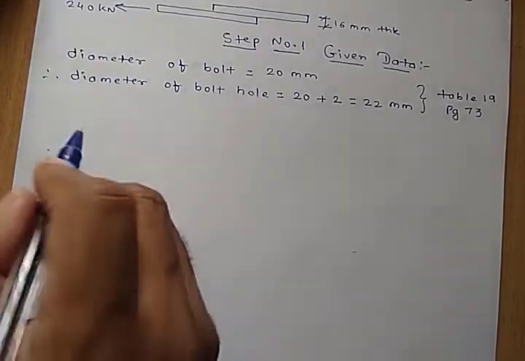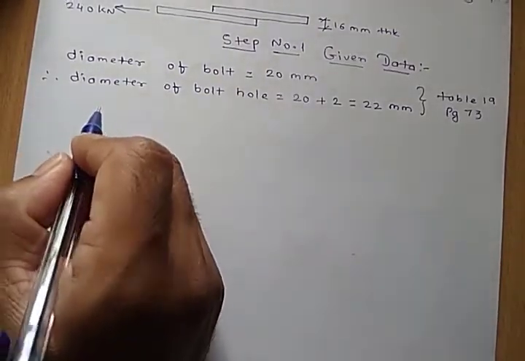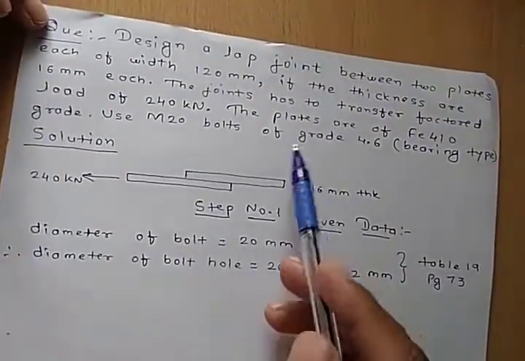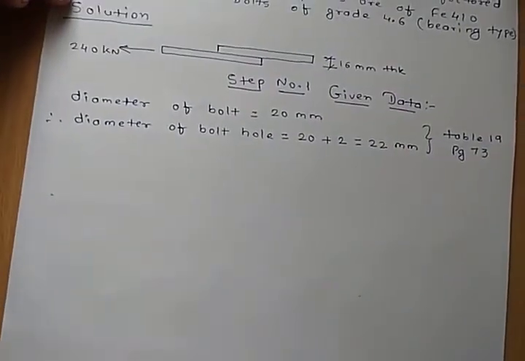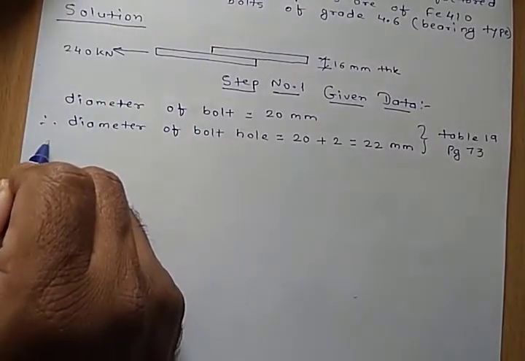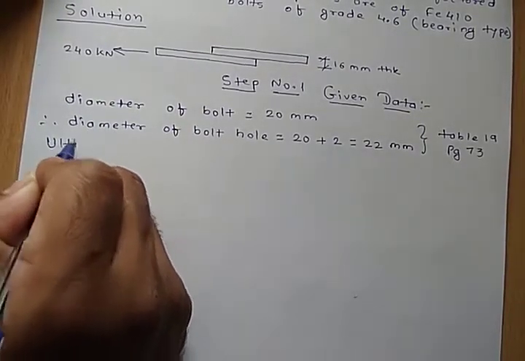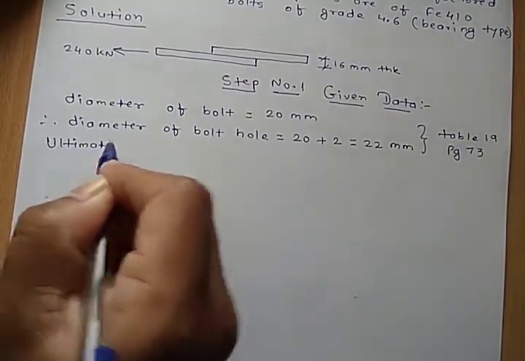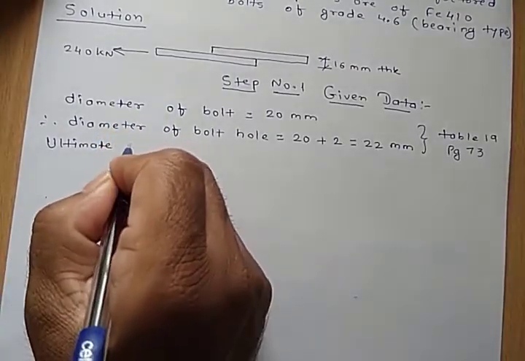Now the ultimate strength of the plate is already given in the problem, denoted by Fu, and that is equal to 410 Newton per mm square.